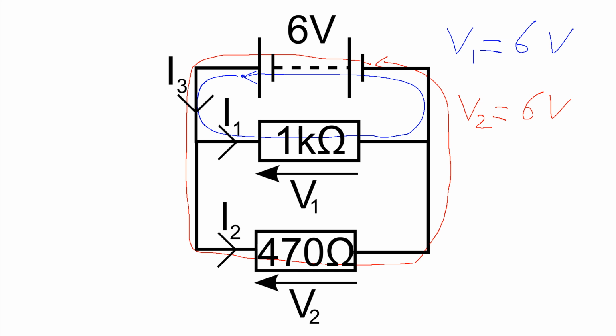Just as a brief aside, if we were to have a look at the loop which goes around here, through this resistor and then back along here, then along this loop we've got no EMF but just 2 potential differences. So how can Kirchhoff's voltage law apply across this loop? The answer is that along here, if we're going in this direction, we're going backwards through the resistor, whereas through here we're going forward.